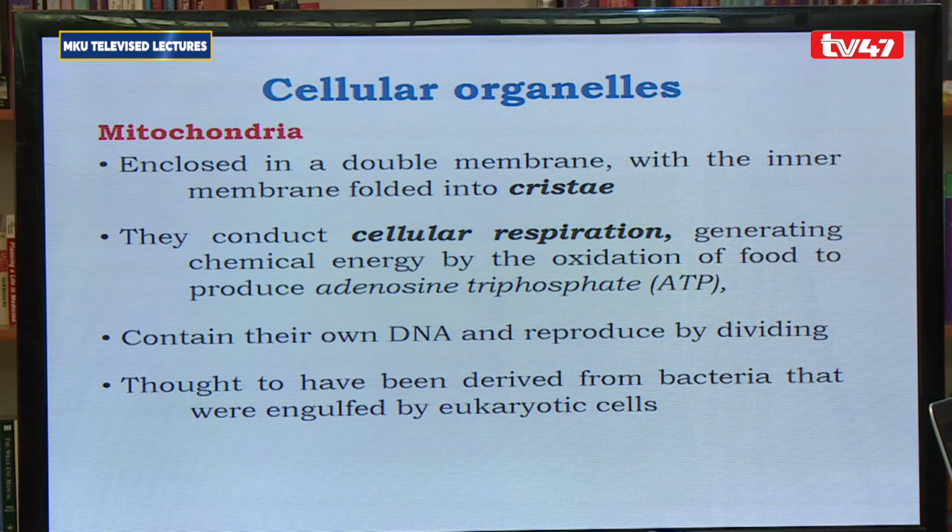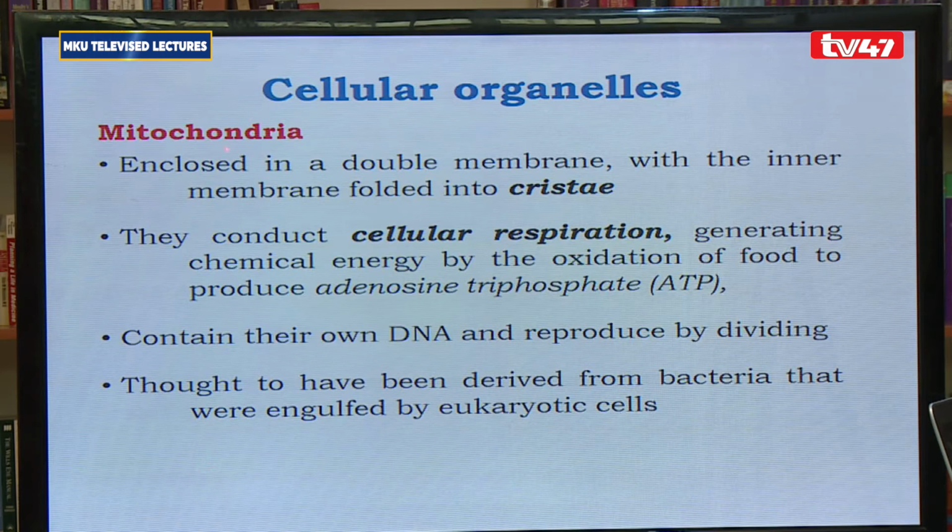Now this ATP can then be used by the cell to power other reactions. So that energy is harnessed or harvested from food by oxidation. Those reactions happen within the inner membrane of the mitochondria, and that's why it is folded, and we have those structures known as cristae.